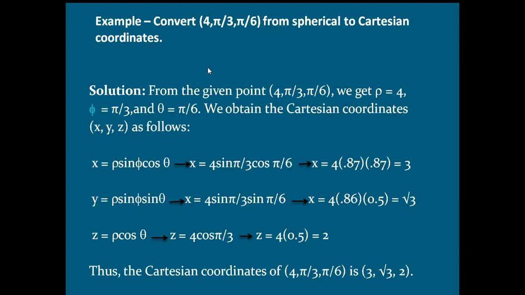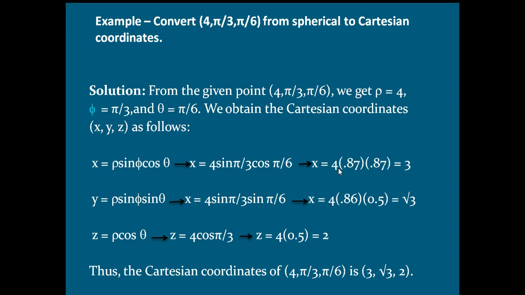Now, again we will take a simple example. Convert (4, pi by 3, pi by 6) from spherical to Cartesian coordinates. So naturally rho is equal to 4, phi is equal to pi by 3, and theta is equal to pi by 6. x is rho sine phi cos theta, which gives me x as 4 sine of pi by 3 and cos of pi by 6.